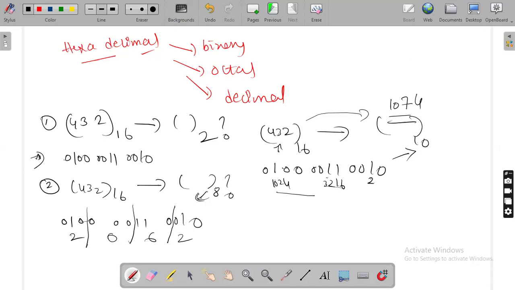Okay, see now. So hexadecimal 432 I'm taking as an example.